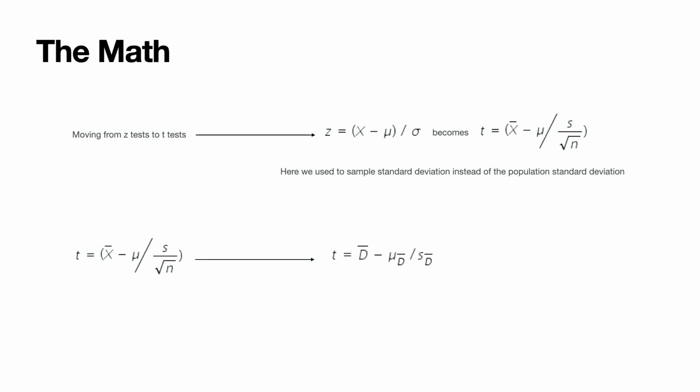So we changed this to this equation, where t equals the difference, that's what the d is for, minus the difference of the standard, which we'll get to in a second, over the variance of the difference, that's the standard deviation there.